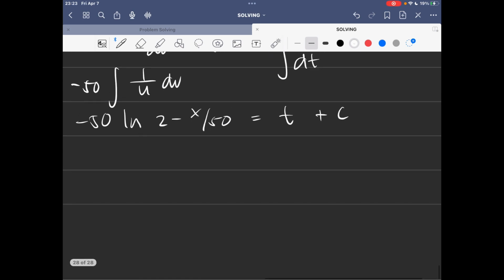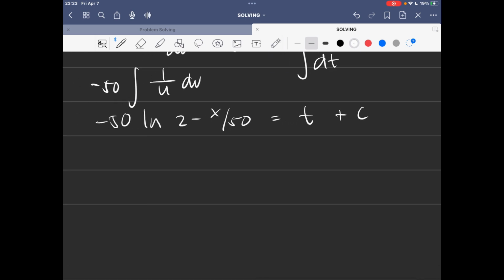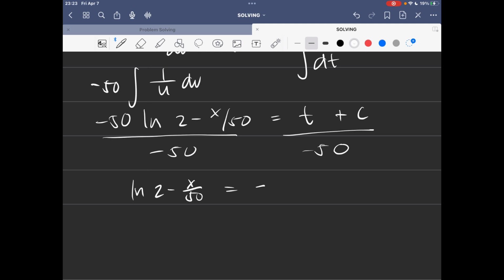And we can divide both sides by negative 50. Then we have ln of 2 minus x over 50 is equal to negative t plus c over 50.